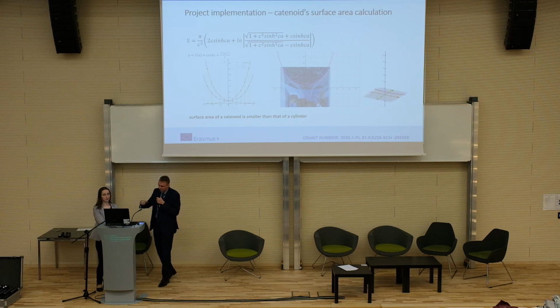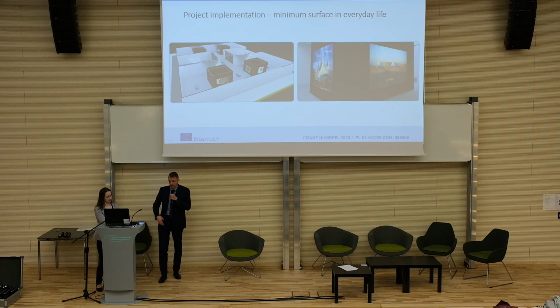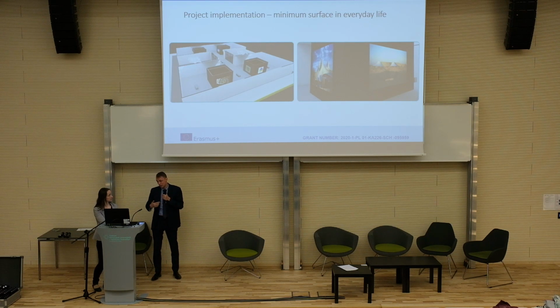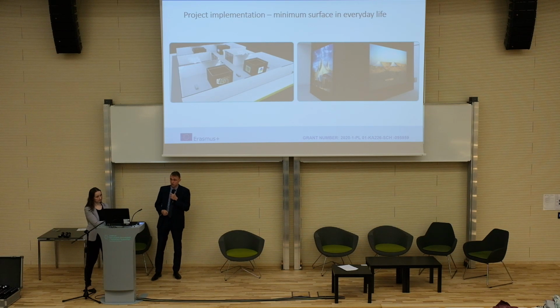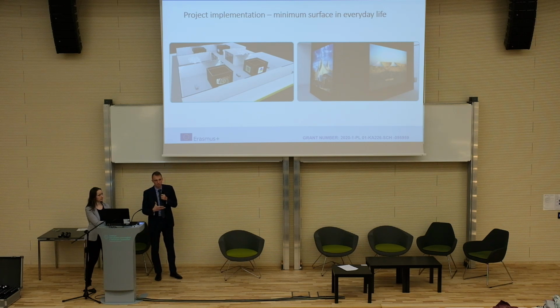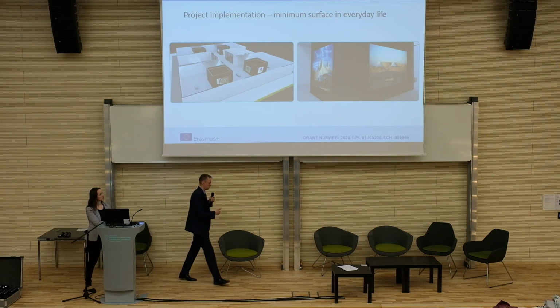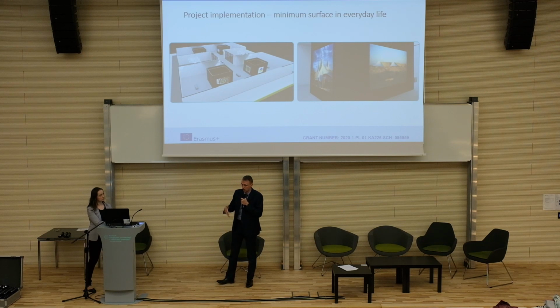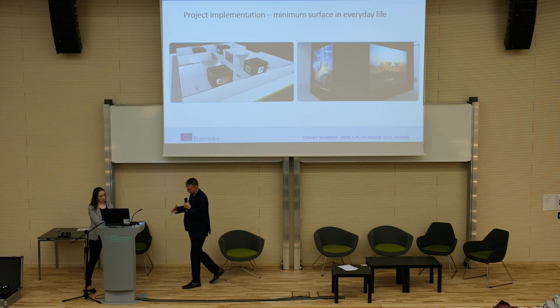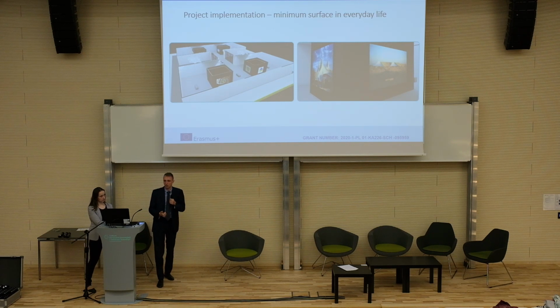Provided that we would use rotation to visualize the shape of the catenoid itself. So that's how they achieved the results. Minimum surface in everyday life, because minimum surface is what they wanted to determine in the case of the catenoid and its creation.